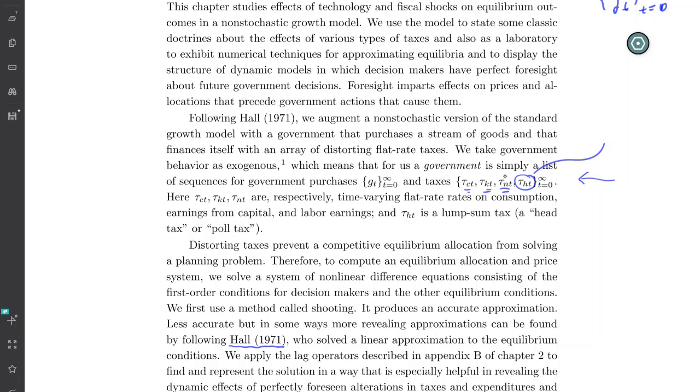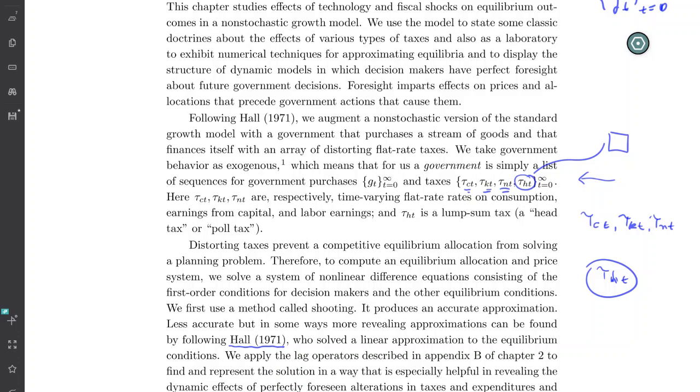Now we're doing this for computational convenience, because we're going to set these taxes as just arbitrary tax rates, and then compute the lump sum tax as a residual in order to make life easy for ourselves. So that's kind of where we're going to go.